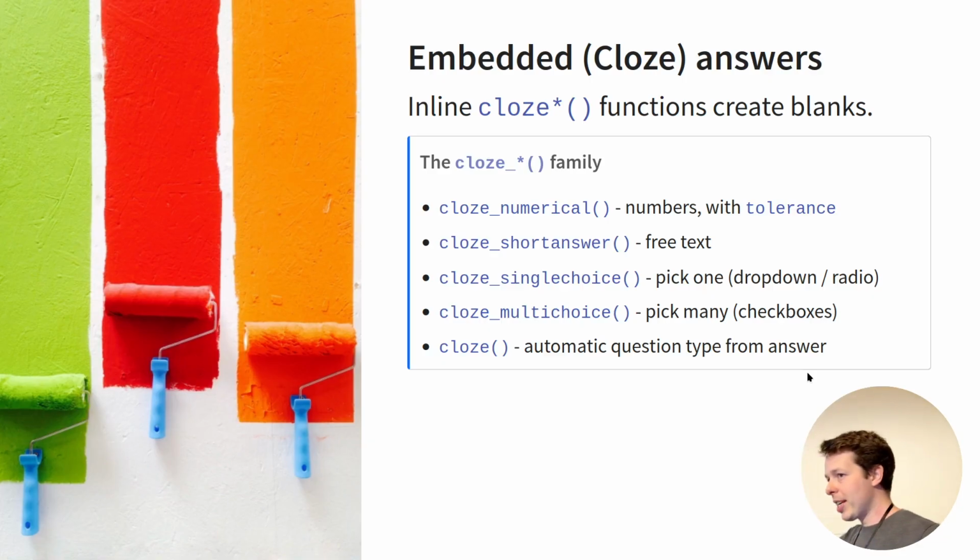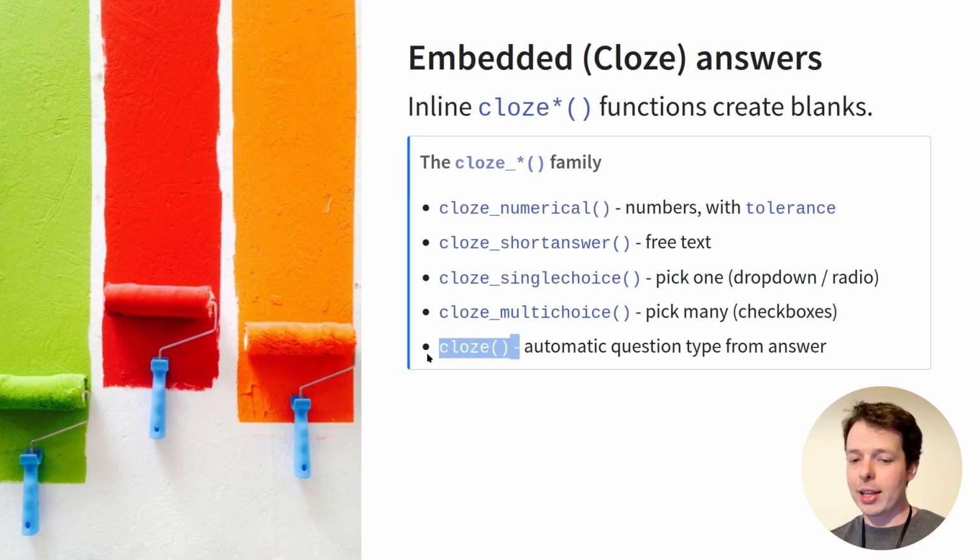Now, thinking back to that curly brace complicated close expression, because we're using programming here, we've got access to an R language, or any language really. We can write code to generate those strings for us. So there's a family of functions prefixed with close in order to generate those questions. And I particularly like this one because it automatically chooses the type of question suitable based on the class of the data.